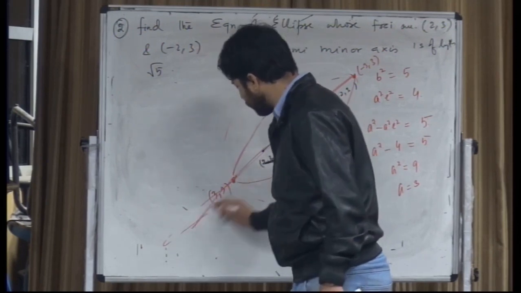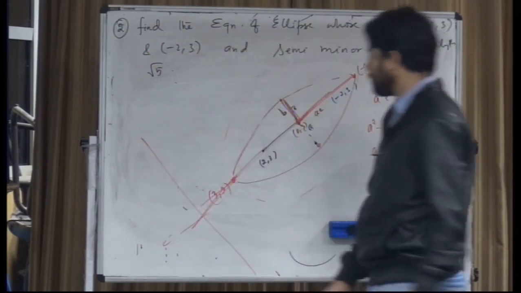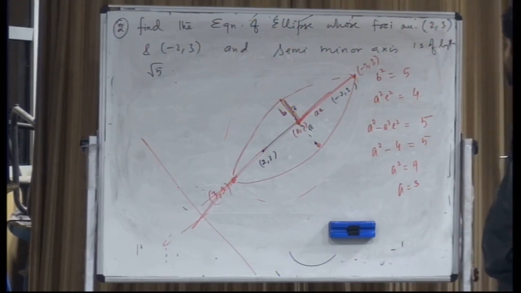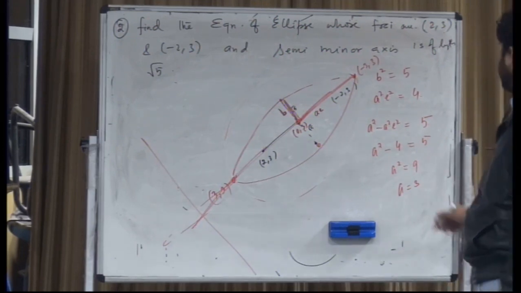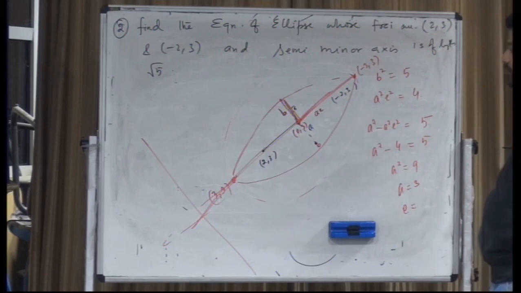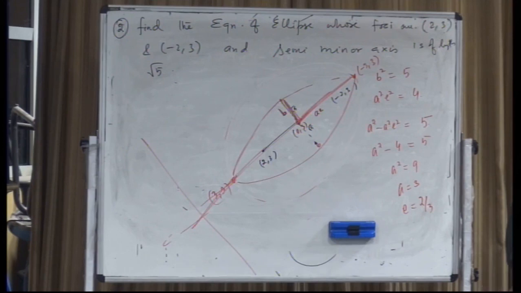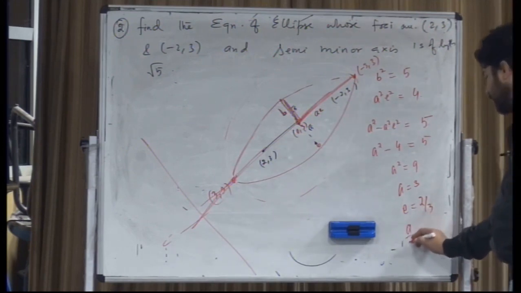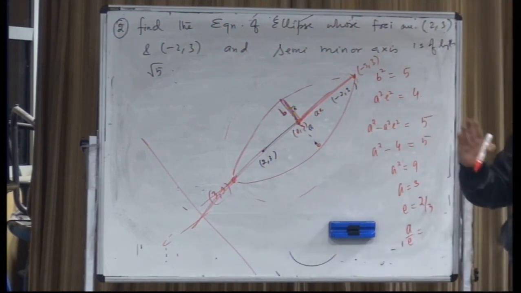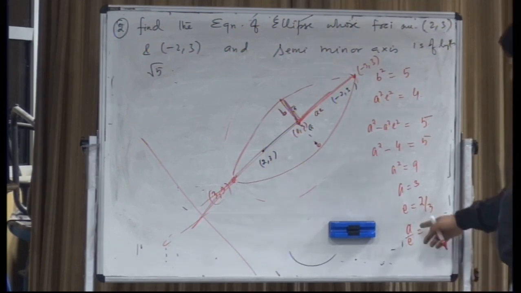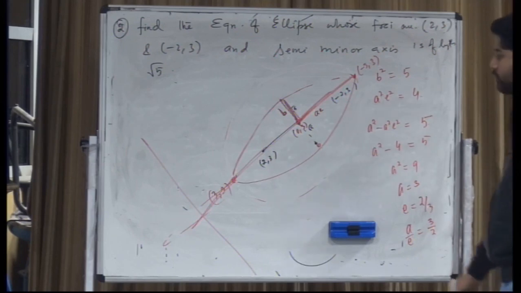you can think of your directrix, you can think of your eccentricity, बताओ क्या है, a by e, 2/3 is your eccentricity. a by e is the distance of directrix from the center and a is already 3, 9/2.